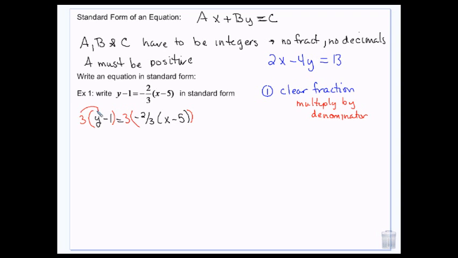So we distribute in this 3 to get 3y minus 3. And here, that 3 and that 3 will cancel each other out. And so I'll get negative 2 times x minus 5.